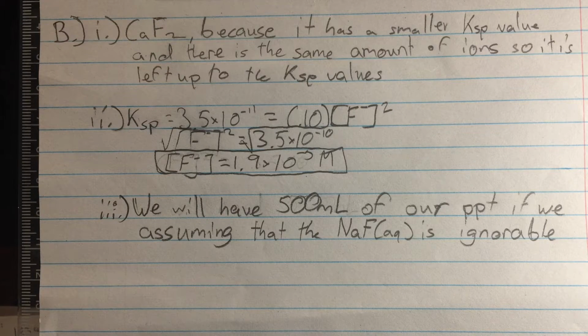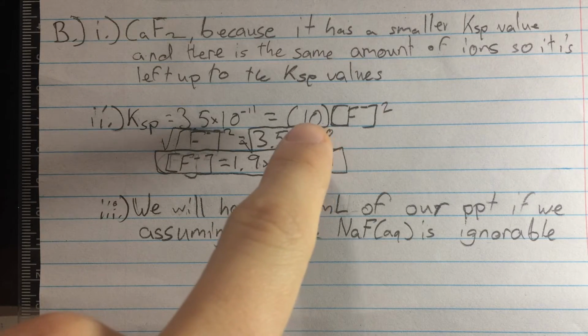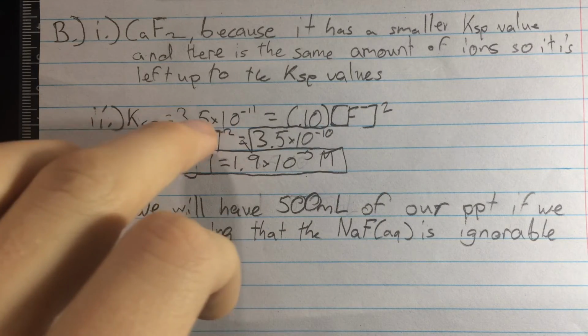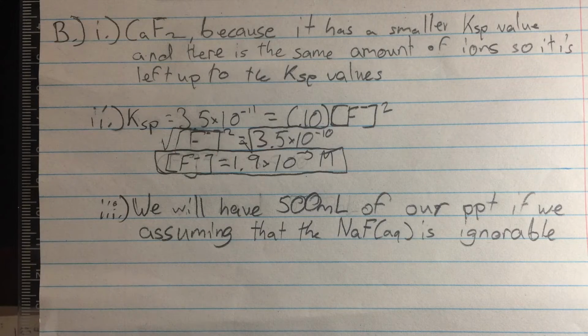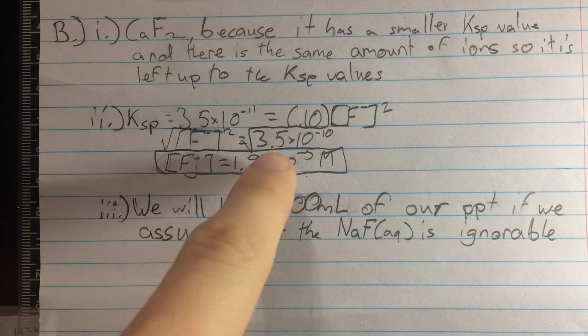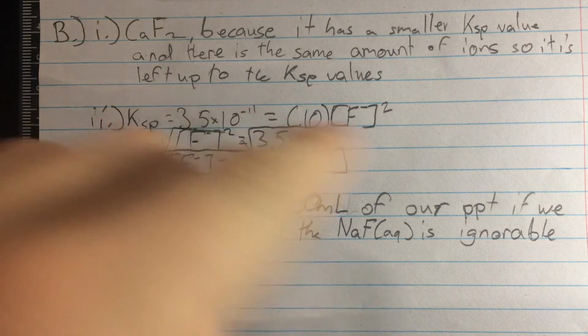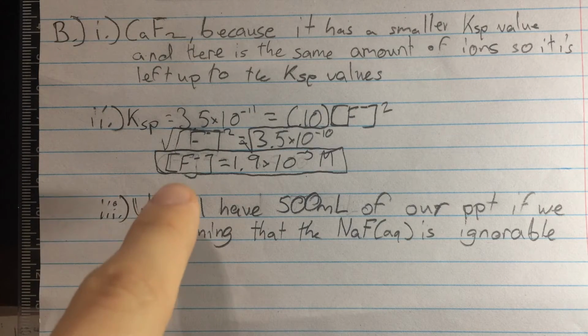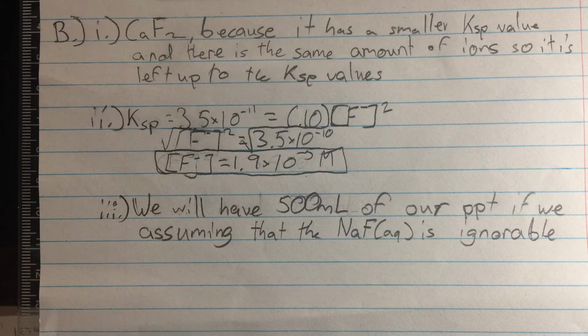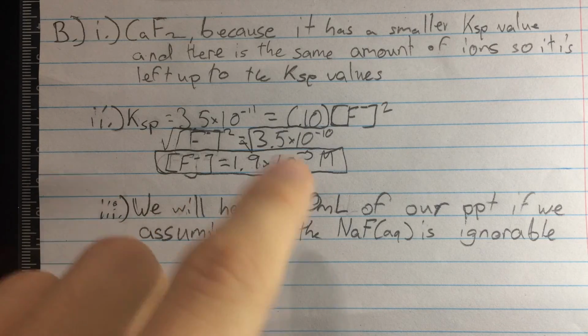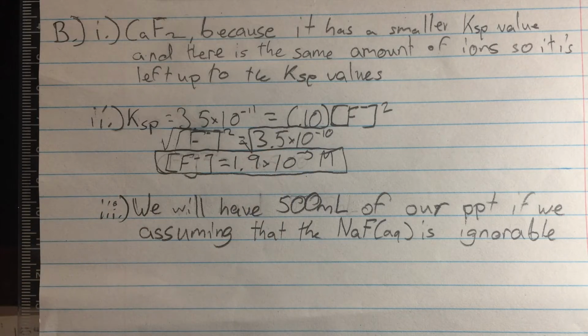So we would divide 3.5 times 10 to the negative 11th by 0.10, and that'll give us the concentration of F minus squared is equivalent to 3.5 times 10 to the negative 10th. Now we would square root both sides, and the concentration of F minus would be equal to 1.9 times 10 to the negative 5th molarity.